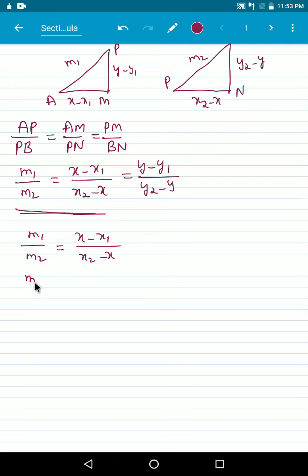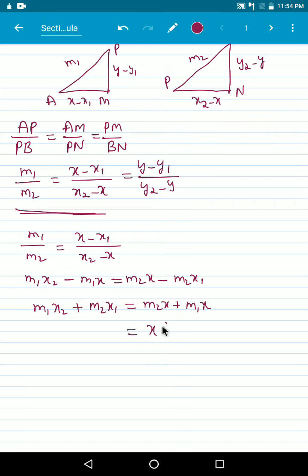If you cross multiply, m1 x2 minus m1 x will come, which is equal to m2 x minus m2 x1. All x values on one side. So let us send this m1 x to the other side. We'll have m1 x2, and this m2 x1 we bring on the LHS, so m2 x1 plus m1 x2 equals m2 x plus m1 x.